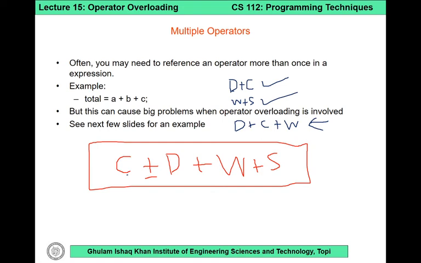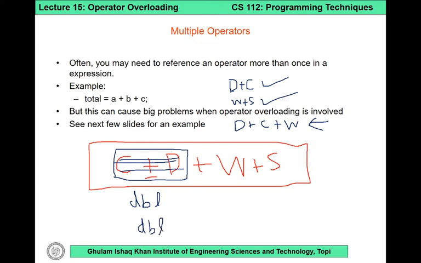Let me repeat. The operator overloading function for addition is returning a variable of type double. Now what will happen here, these two variables will be added, and they will be replaced by a variable of type double, okay. Now this will be like double plus a waiter plus a servant, right?